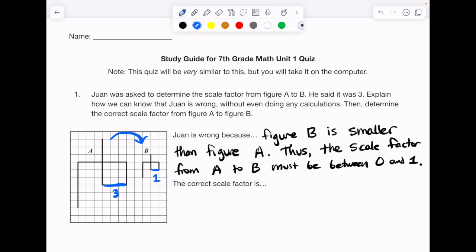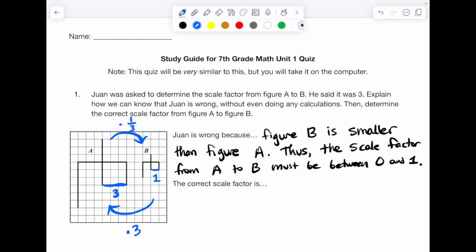Okay. Juan's not getting that 3 from nowhere, though, right? 3 and 1 are related, and if we were going in the direction from B to A, then the scale factor would be 3. From B to A, we're multiplying by 3. So the correct scale factor has to be the reciprocal of 3, which is 1/3. Right?